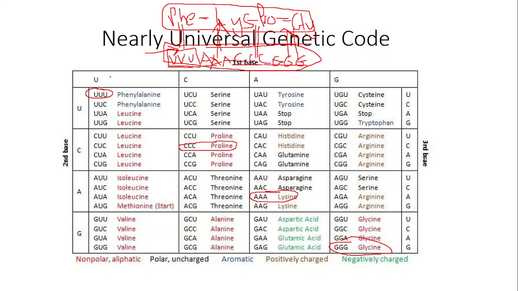But I could take this sequence out of you and stick it into a bacteria, and ask the bacteria to read that code, and it would read it as phenylalanine, lysine, proline, glycine, exactly the same way that it does inside of your cell and my cell. And I could take that same sequence and put it into a fungus, and I could put it into a plant. You get the idea, right?